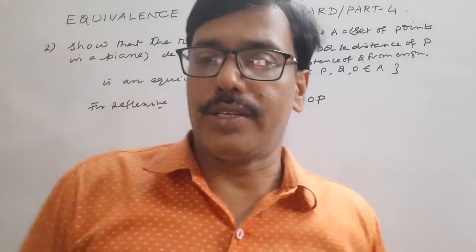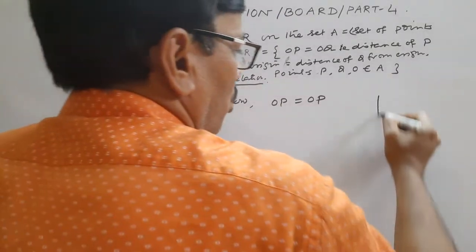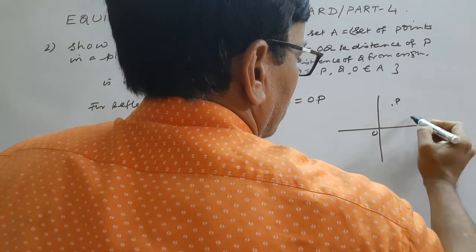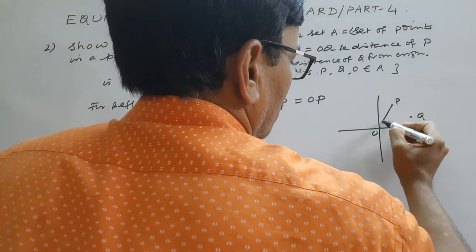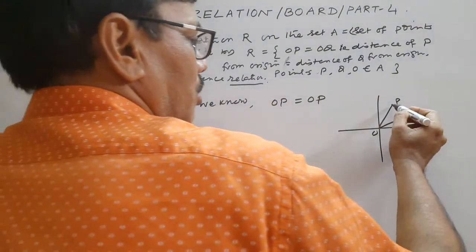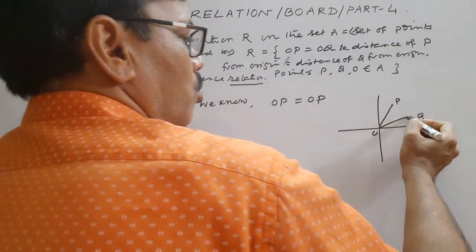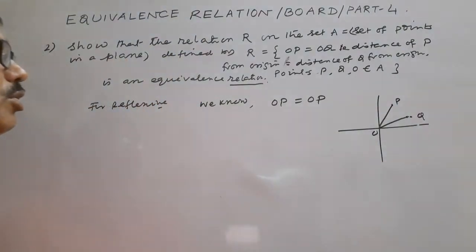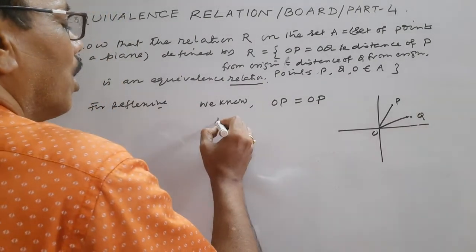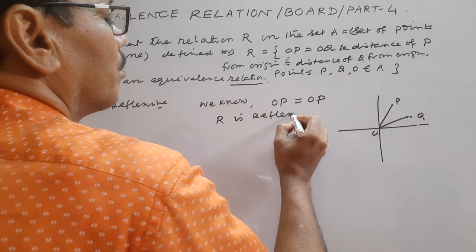If P and Q are two points, O, this is P, this is Q. So for reflexive, OP equals OP, since Q coincides with P. So we know OP equals OP. Therefore, R is reflexive.